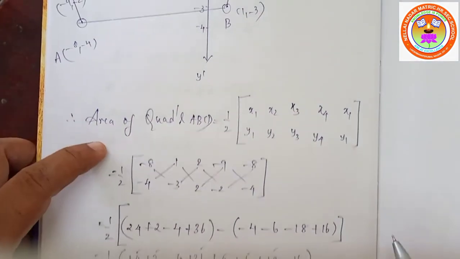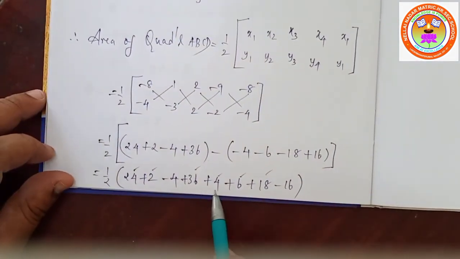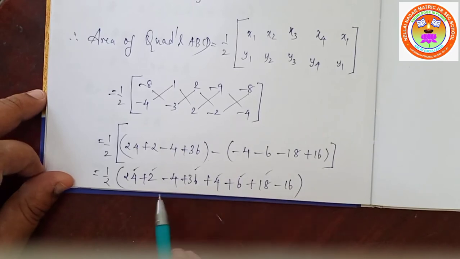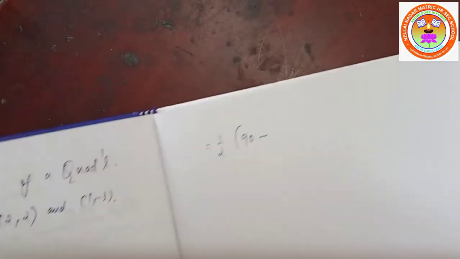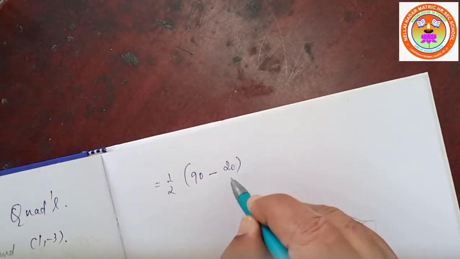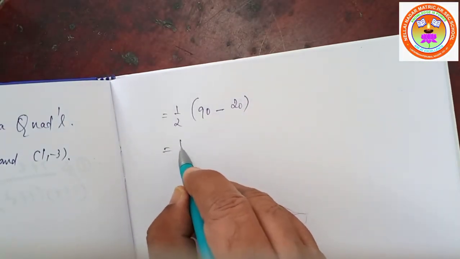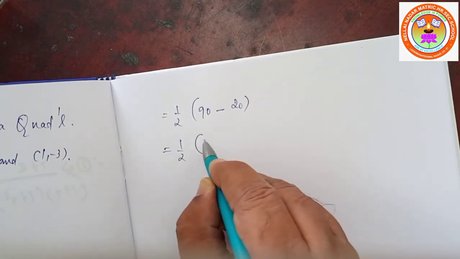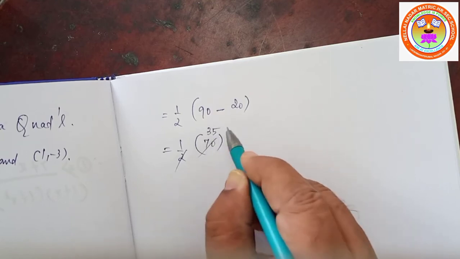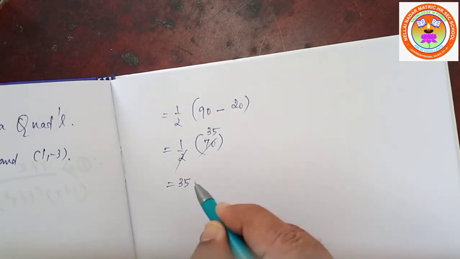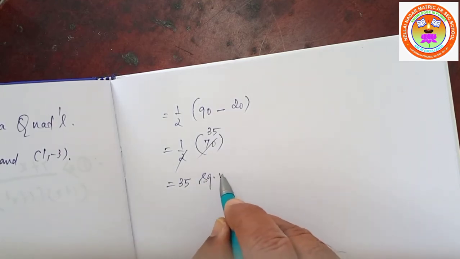Now you can add all the negative numbers. Minus 4 minus 16, that is equal to minus 20. Equals half, 90 minus 20, that is equal to 70. You can cancel by 2: 2 table 35. 35 ones are 35 square units.